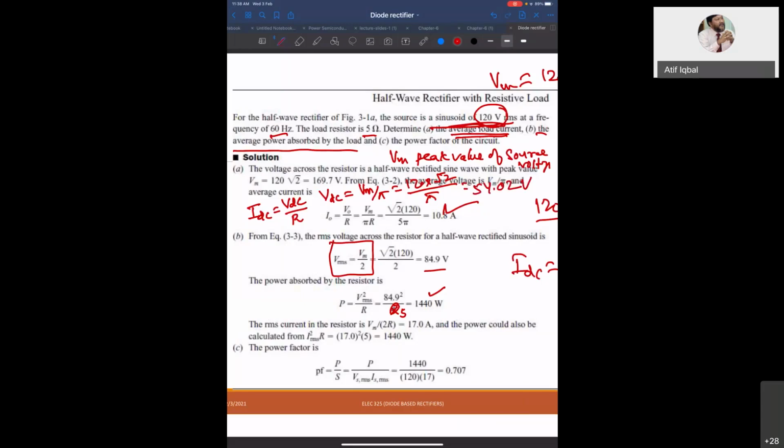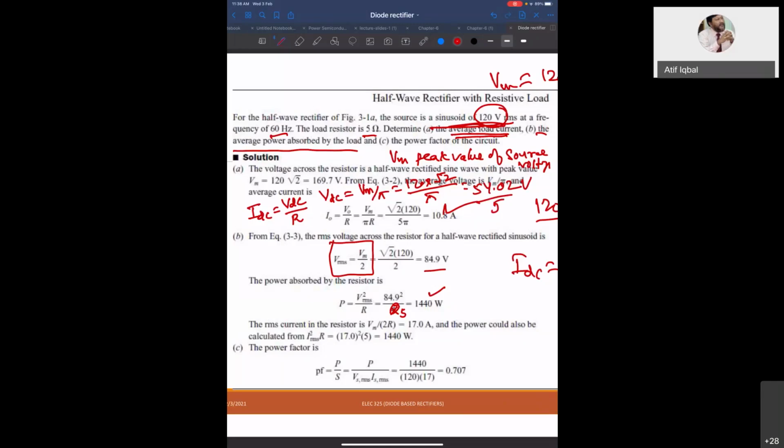This is the average DC output voltage. Divide this by the resistance, that is, divide by 5, and that gives you the current. Is it clear now? Yes, Doctor. Thank you.